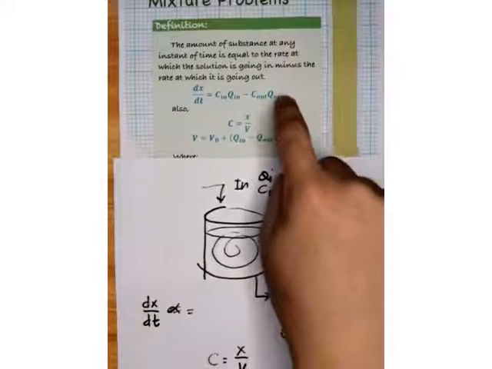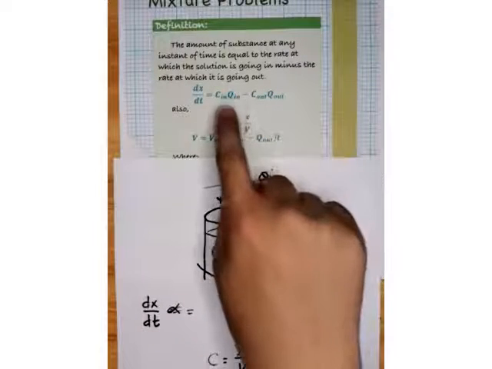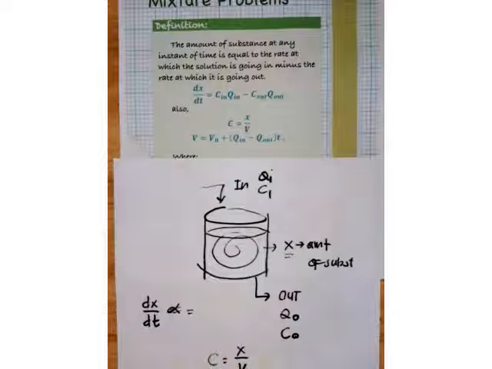Kailangan natin malaman kung ano yung concentration ng palabas and papasok, and then also the rate ng papasok at saka ng palabas, and then we will solve this using first order differential equation.